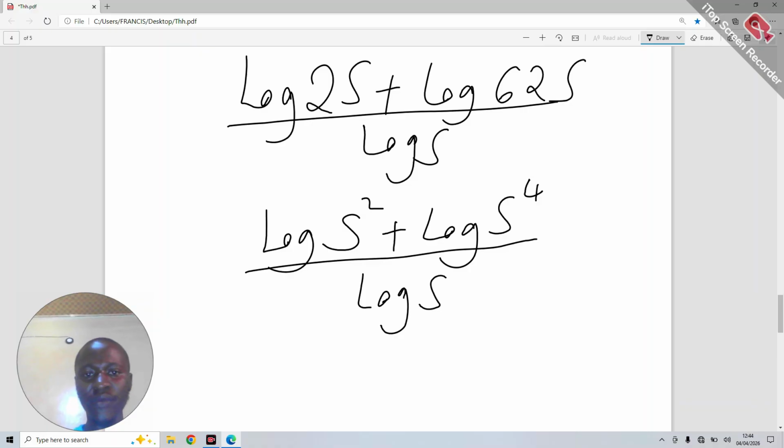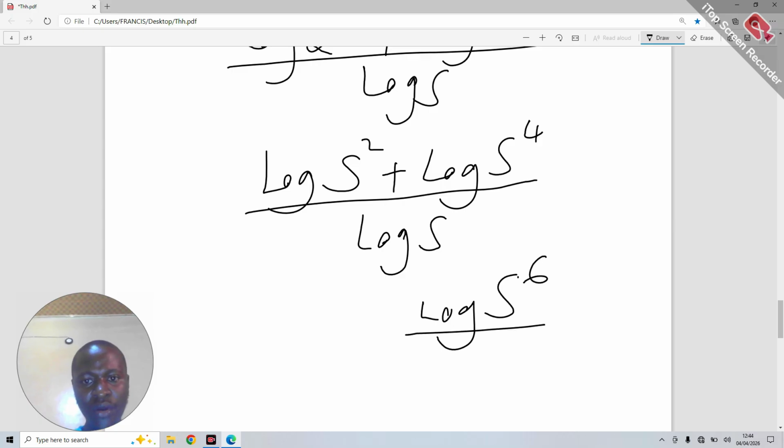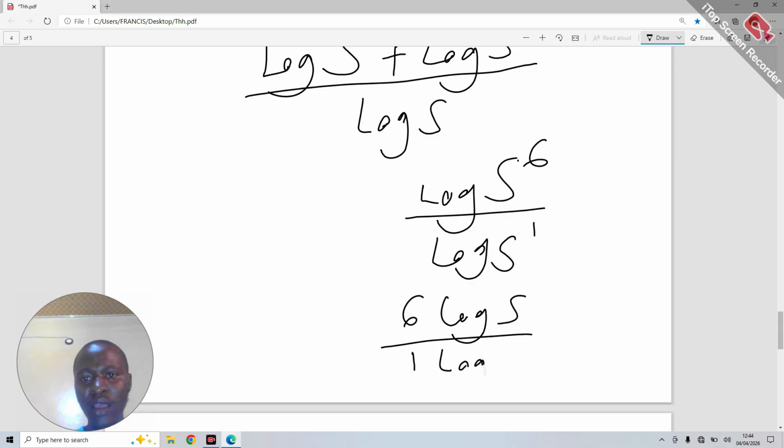Adding the numerator, 4 plus 2 is 6, so we have 6 log 5 all over 1 log 5. Then this and this cancel. This part I understand is right. We shall have the answer 6.